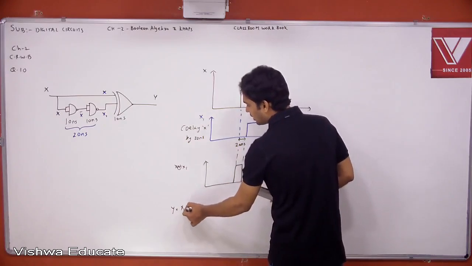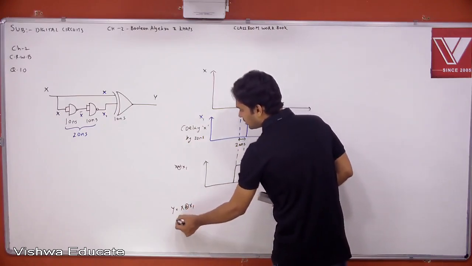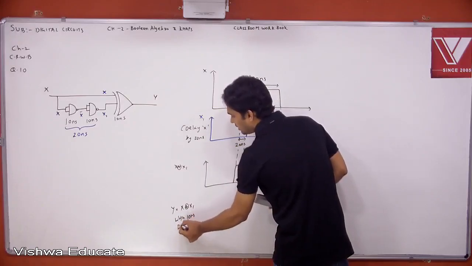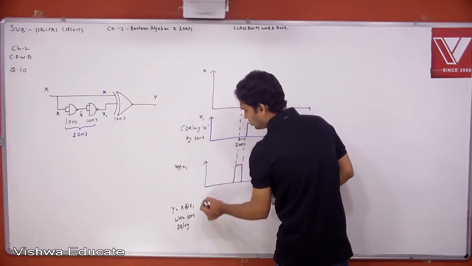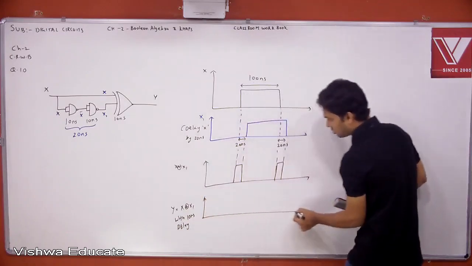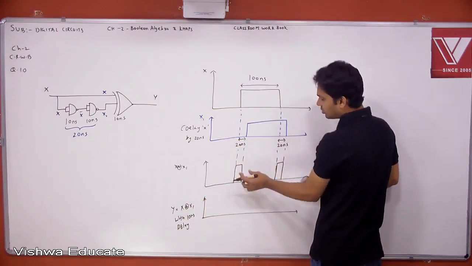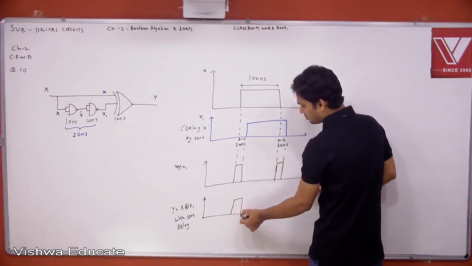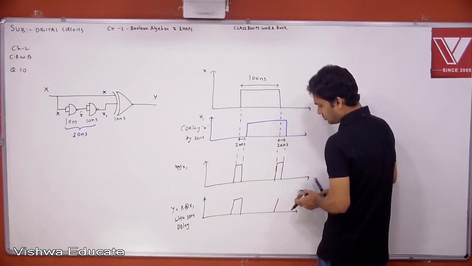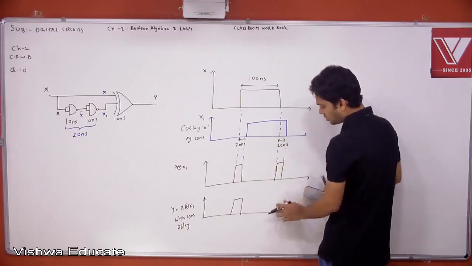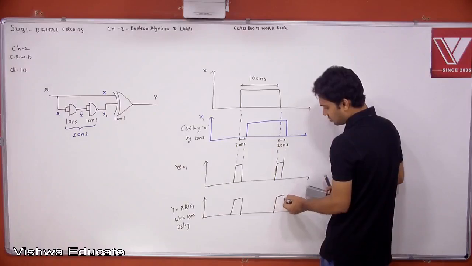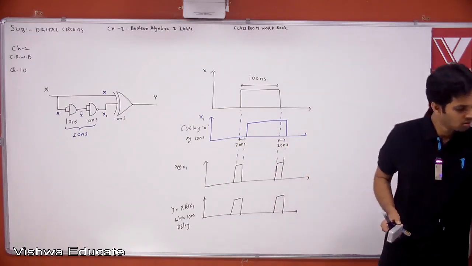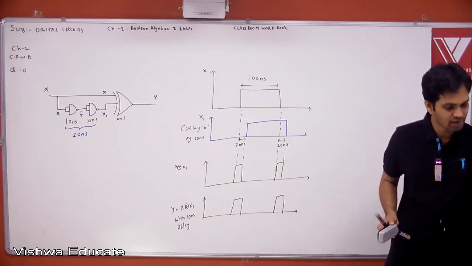Y is equal to X XOR X1 with 10 nanoseconds delay. So here, this output you shift it by a little time. This is what you get. This is the original output you are getting. See the options. Option A will satisfy your condition.